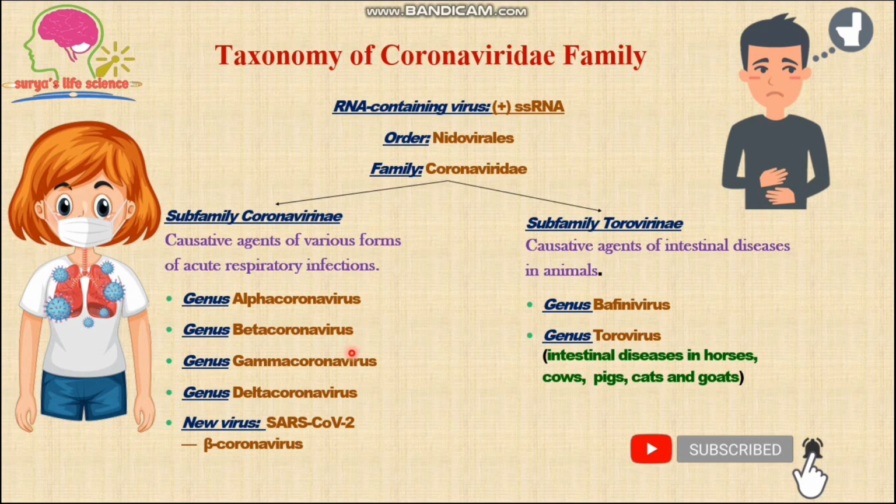The MERS virus also belongs to the Beta coronavirus, and the latest SARS CoV-2 virus, which has caused the global pandemic, also belongs to this Beta coronavirus. In the subfamily Torovirinae, the genera present are genus Bafinivirus and genus Torovirus. The viruses of genus Torovirus can cause intestinal diseases in horses, cows, pigs, cats and goats. So that's all about the taxonomy of the coronaviridae family.